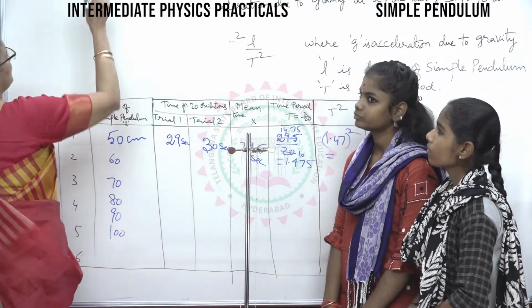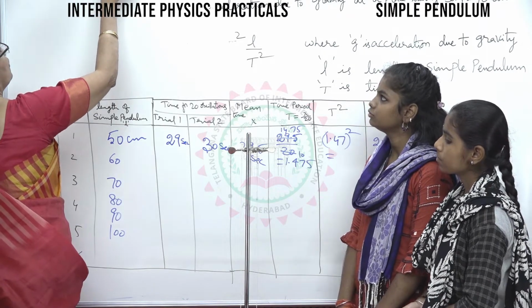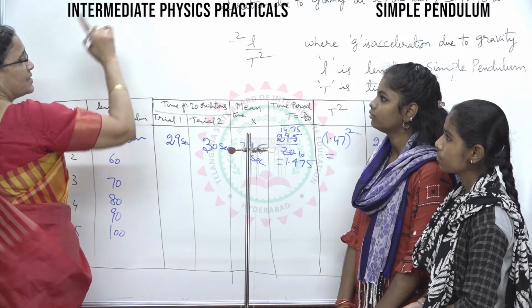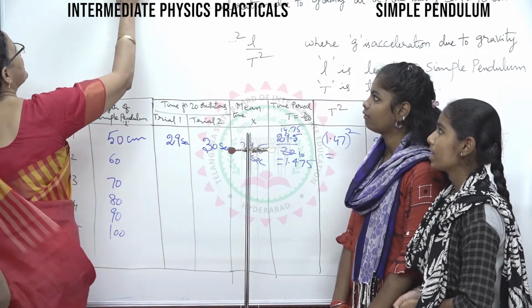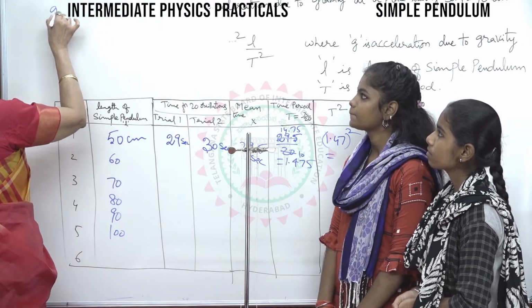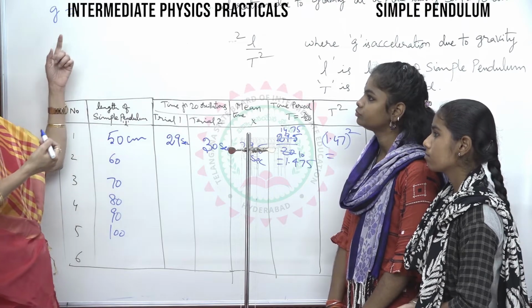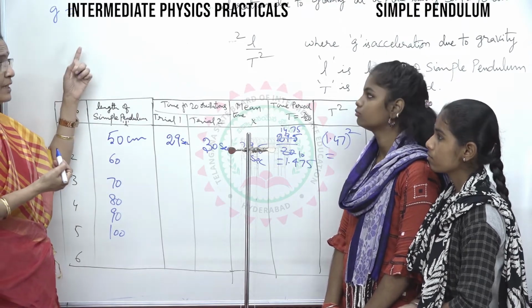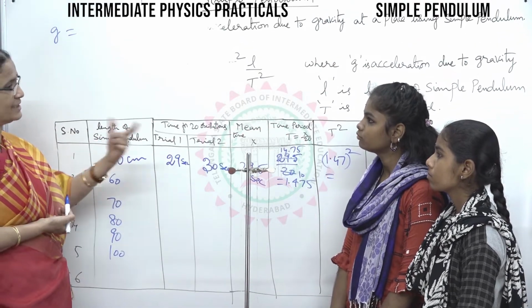So, our formula is g = 4π²L/T². Students often write it incorrectly. Actually we are calling it g dash, because this is the value determined from our experiment. g = 9.8 is the standard value.